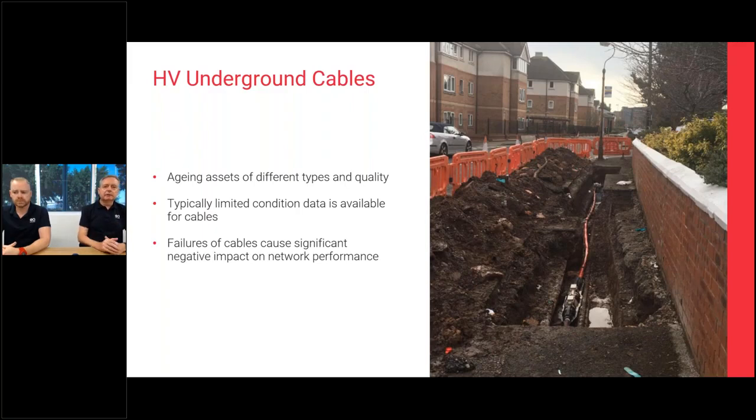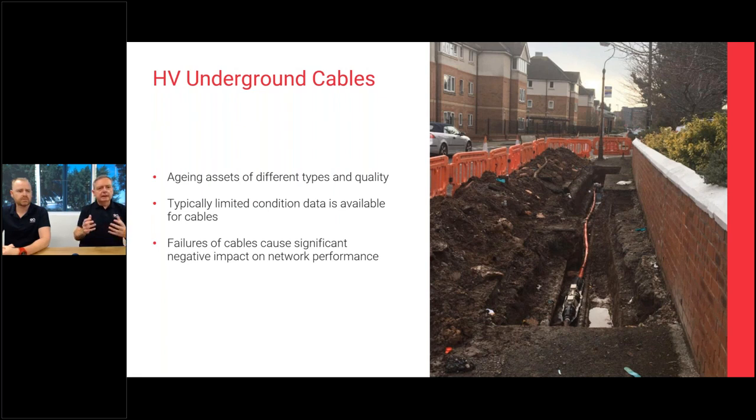What we do know from statistics in different parts of the world is that cable failures have a significant impact on the overall network performance. The failures will cause a significant proportion of your customer minutes lost, or your SAIDIs and SAIFIs.